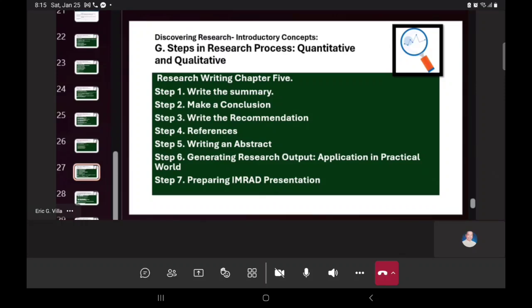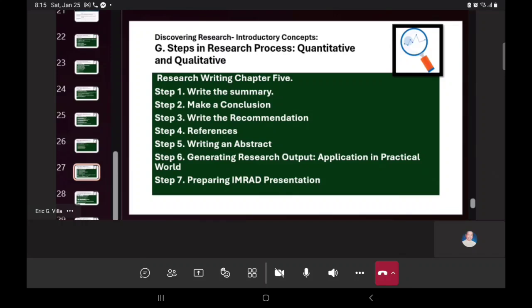For steps 4 to 5, this pertains to documentation and abstract creation. These steps involve organizing references systematically, creating a comprehensive bibliography, crafting a concise abstract that captures the entire research, and ensuring proper citation format.